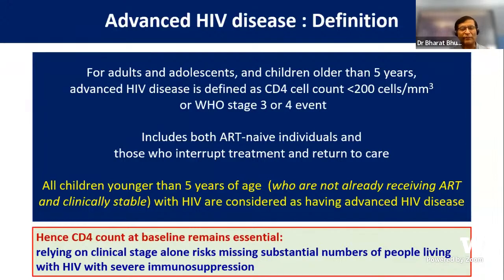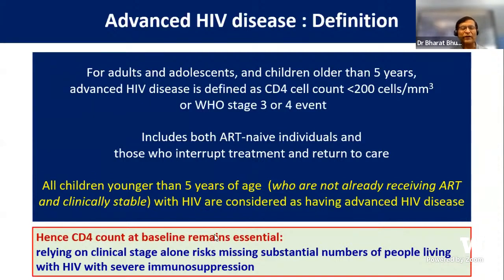And we also may have people in stage 3 or 4 who have CD4 count less than 10, or there are people who are absolutely fine having CD4 count of 10, 20, 50, but they don't have any clinical illness. So they will be clinical stage 1 or 2 at the most, but their CD4 count will be less than 200.